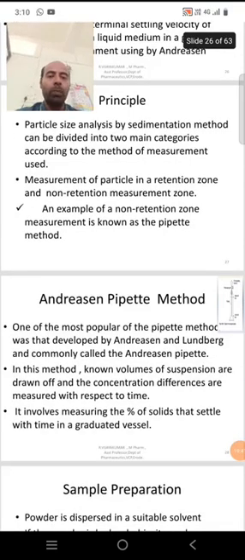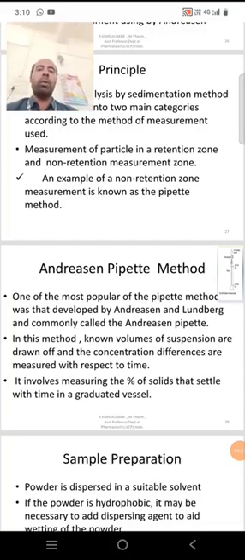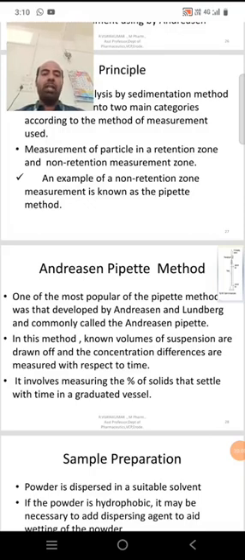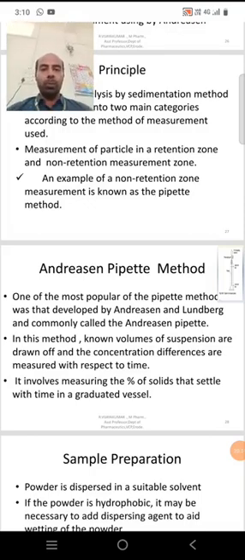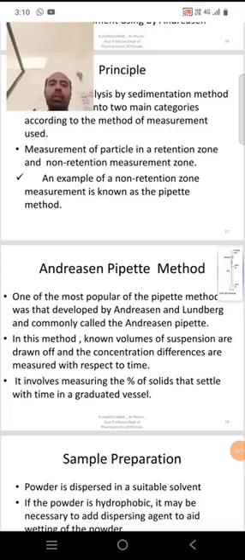Andreasen pipette method. One of the most popular of the pipette methods was that developed by Andreasen and Lundberg and commonly called the Andreasen pipette.